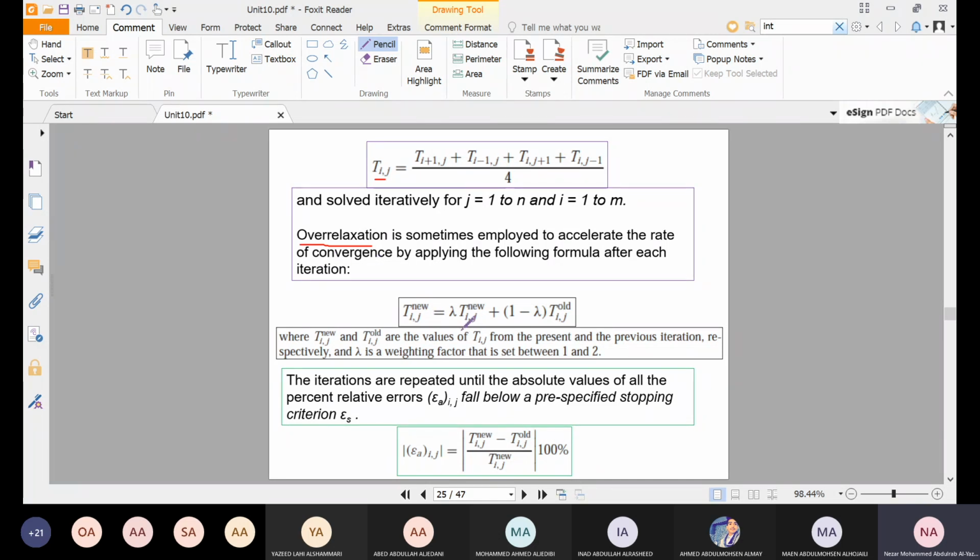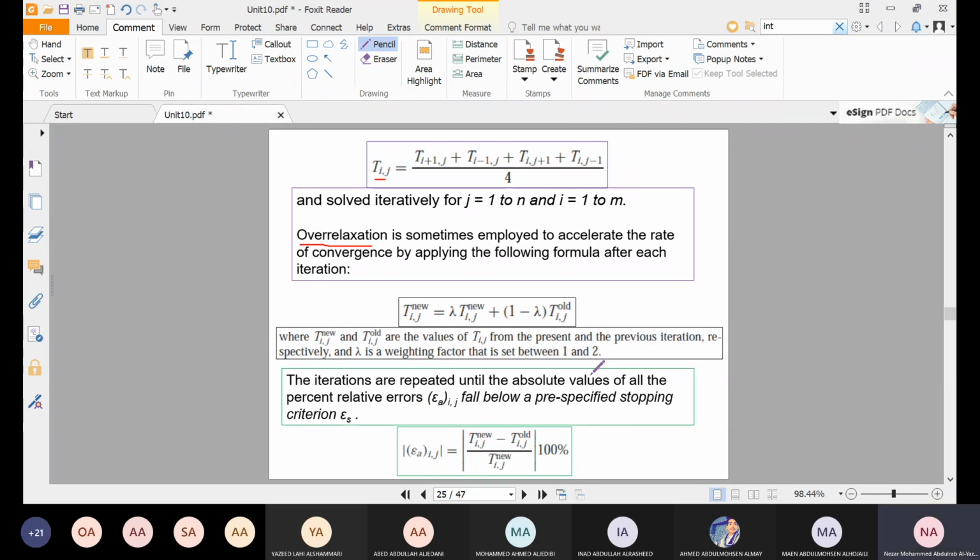Here we have lambda multiplied by the new plus 1 minus lambda multiplied by the old temperature. The old temperature is what we computed before, or the initial values. This is the new value, and this will be from the initial value, and usually we start from zeros. All the inner nodes are zeros. Lambda is between 1 and 2; minimum 1, maximum 2.